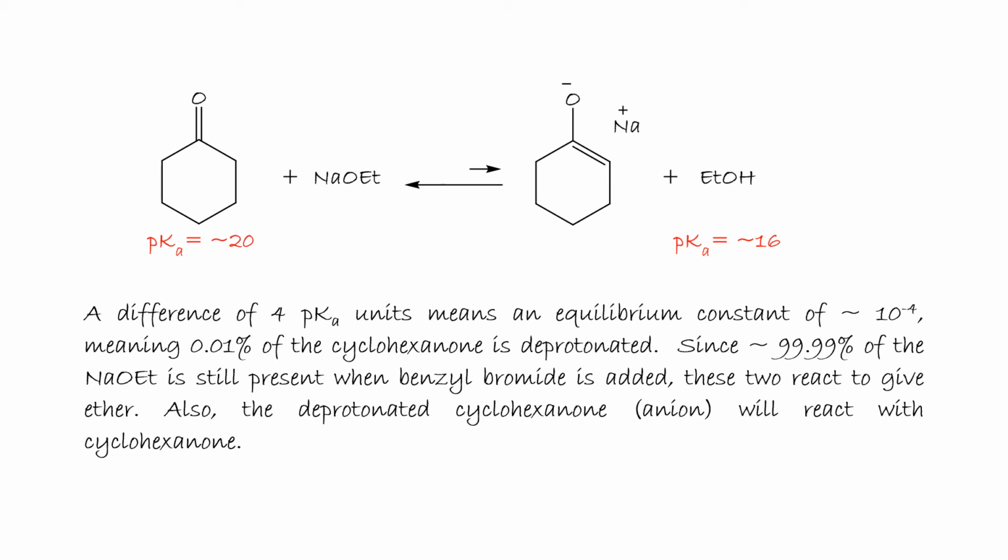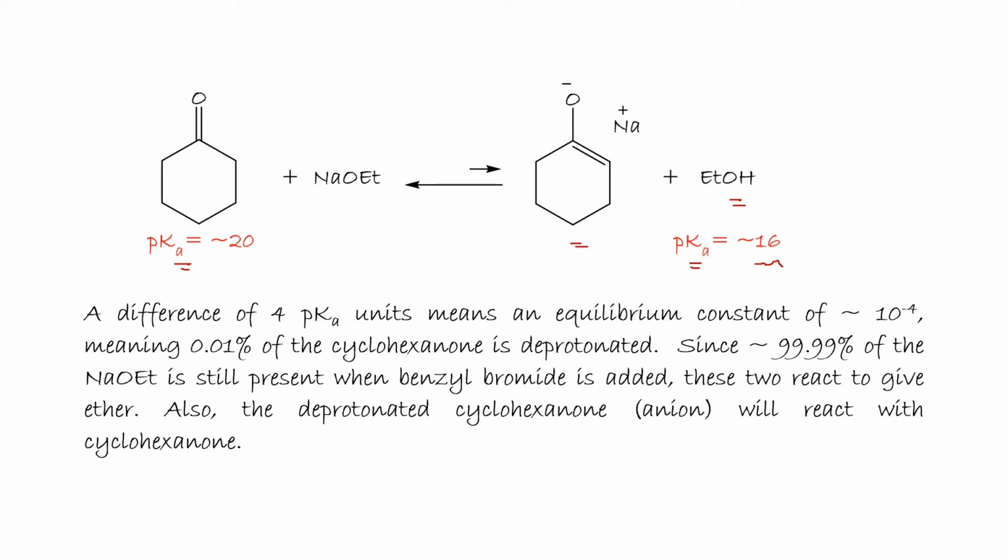As we mentioned before, we have to examine the pKa values. So we write the reaction: pKa for cyclohexanone around 20, with sodium ethoxide, enolate, and ethanol, the other acid on the right side, pKa around 16.